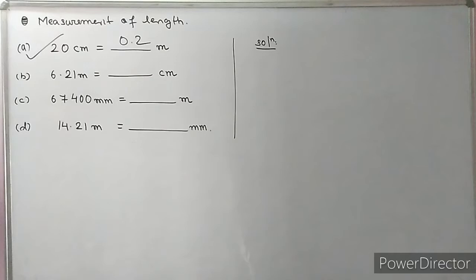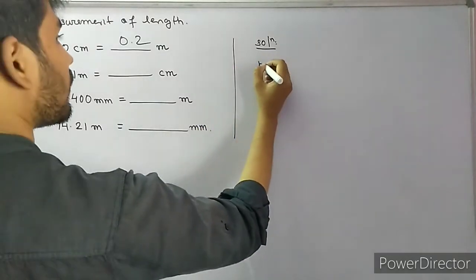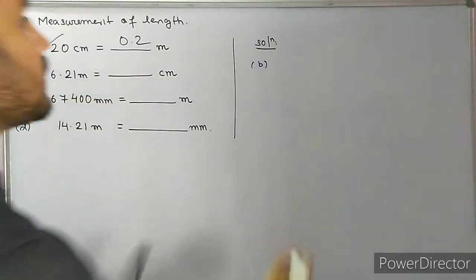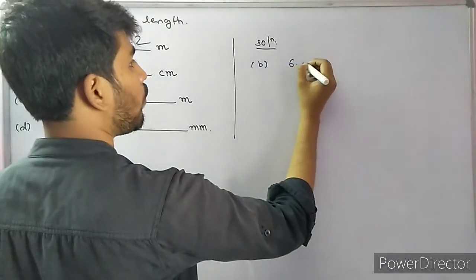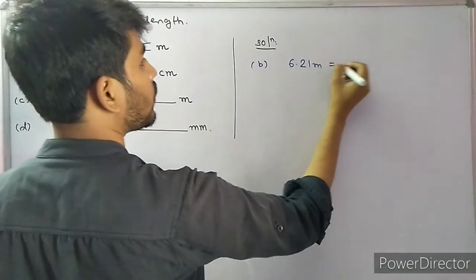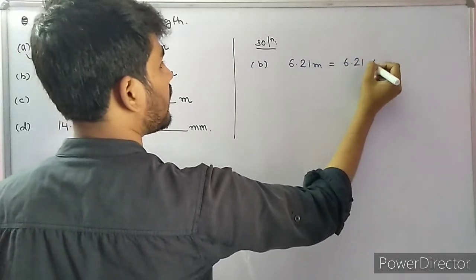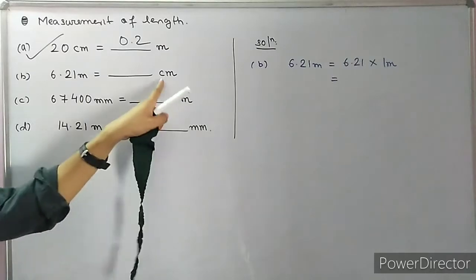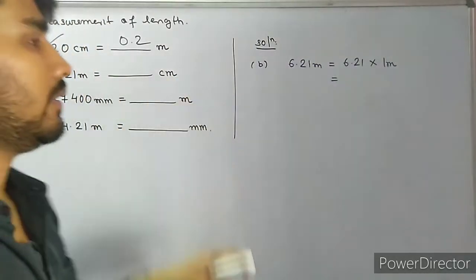Next is number B. What have they said? They have given in meter and I have written in centimeter. 6.21 meter is equals to 6.21 into 1 meter. Now see, we have to convert meter into centimeter.